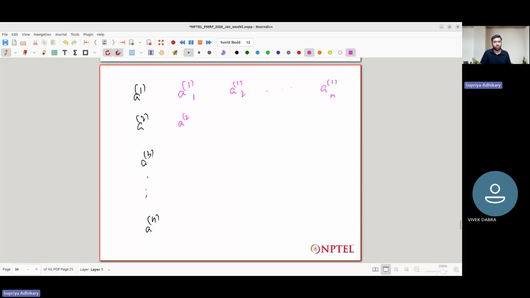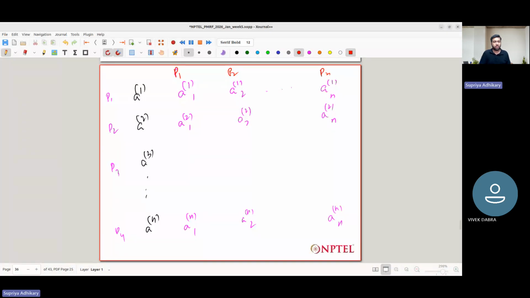Similarly, we have A21, A22, up to A2n, and An1, An2, up to Ann. So these are the shares that are generated. Party 1 has this, party 2 has this, and these are now shared among all the other parties, party 1, party 2 up to party n.